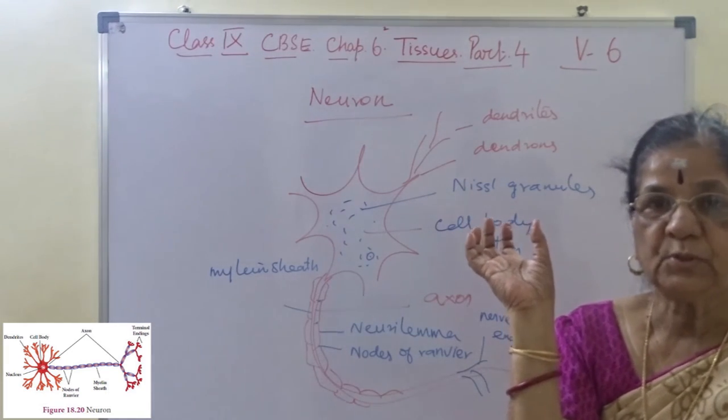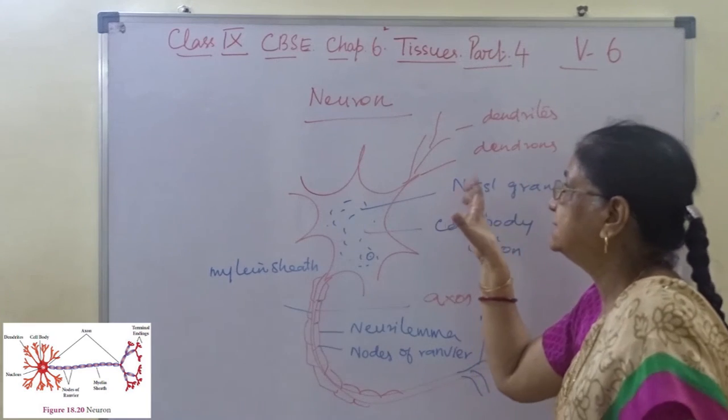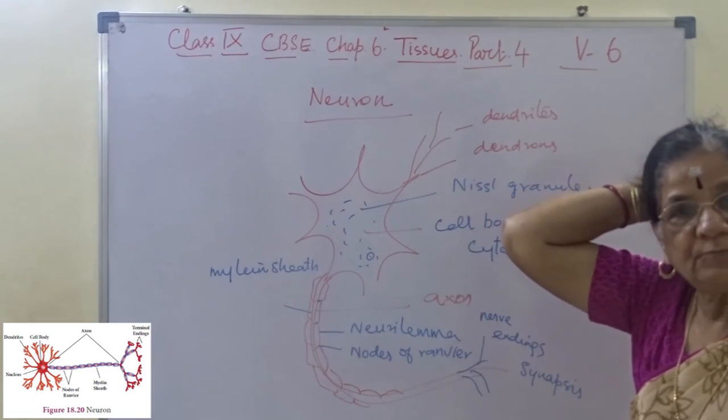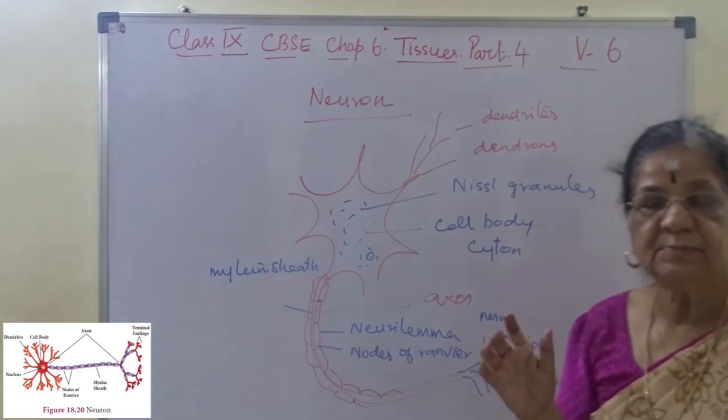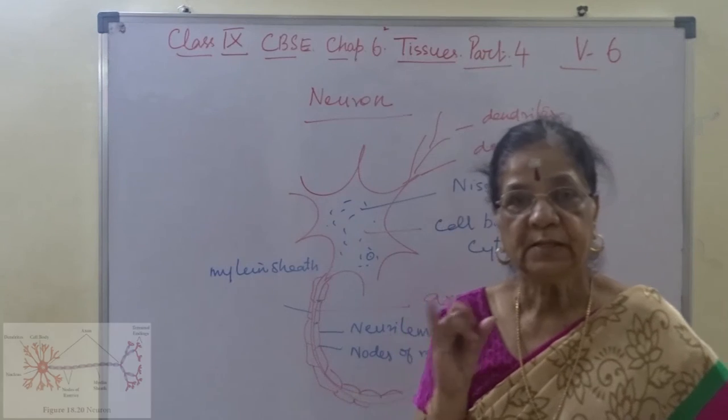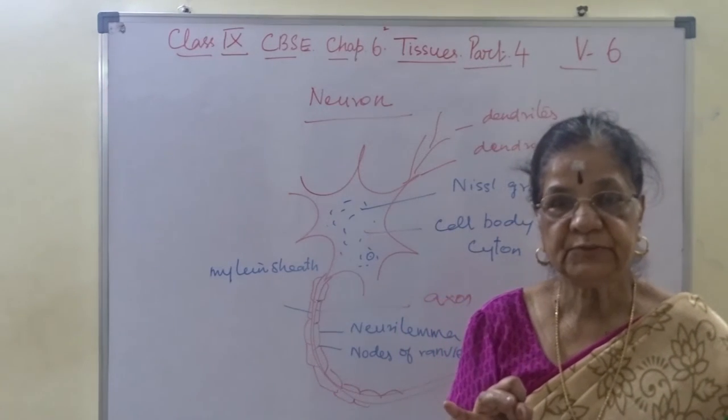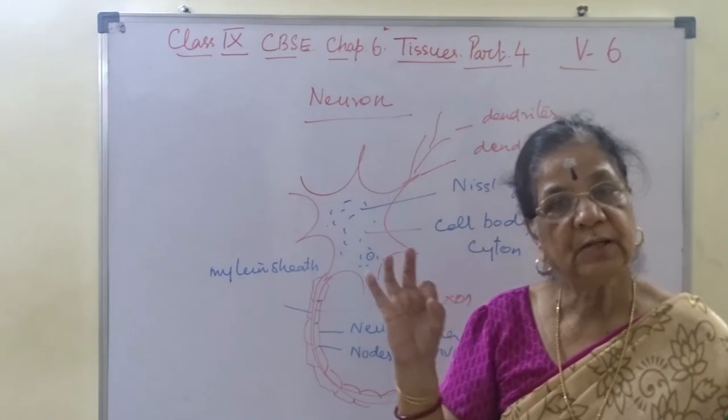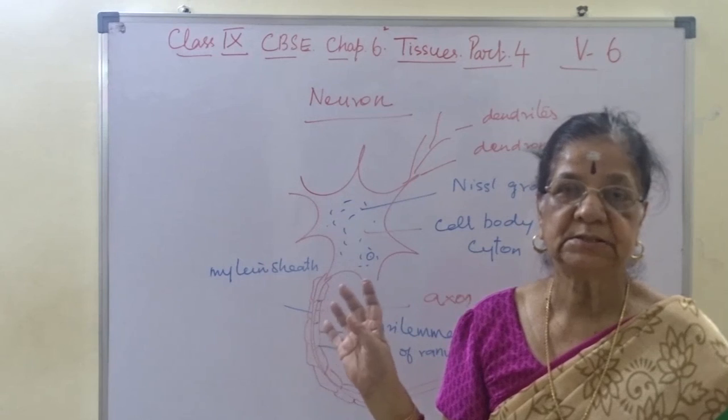So at the junction level we have nerve endings, muscle fibril as myofibril, and blood capillaries, arteries and veins. I hope you are able to follow this. So this forms the structure of neuron. We have learned animal tissues as epithelial tissue, connective tissue, muscular tissue, and nervous tissue.